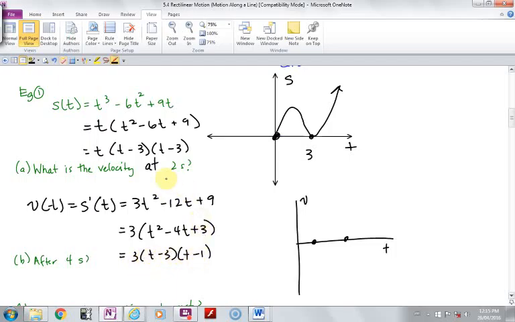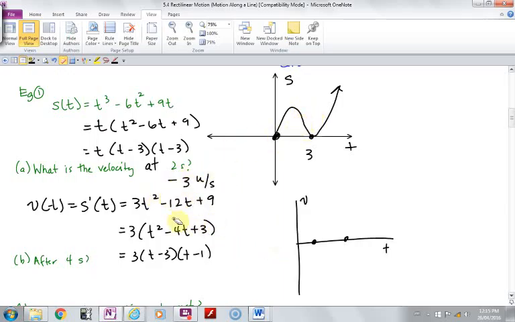So the velocity at 2 seconds is negative 3, whatever the units are, units per second. So 2 seconds is right about in here. And that makes sense, right? That the slope in there is negative. We've got a negative slope, so we're moving in the backwards direction.